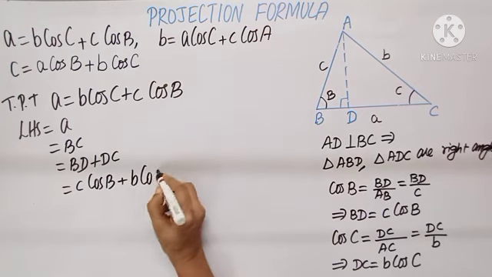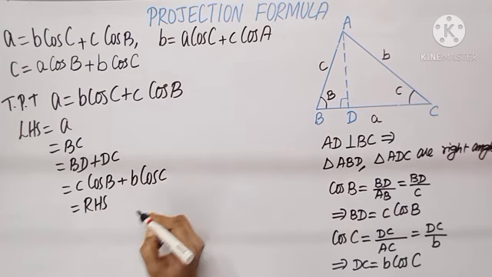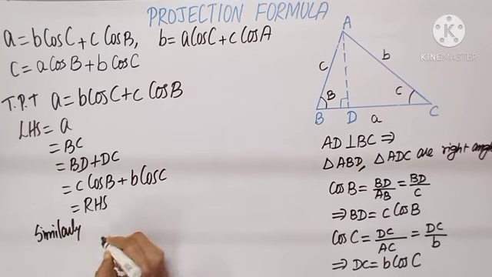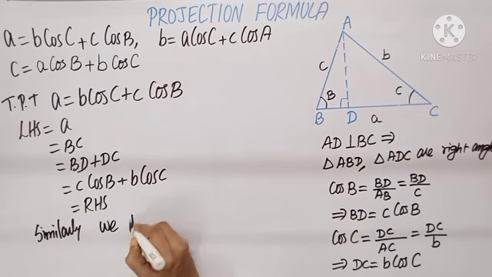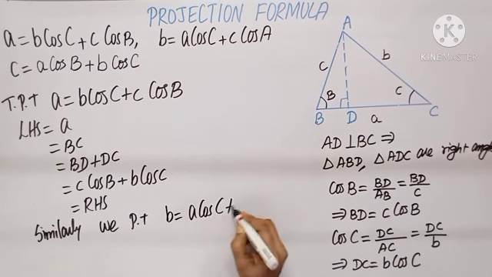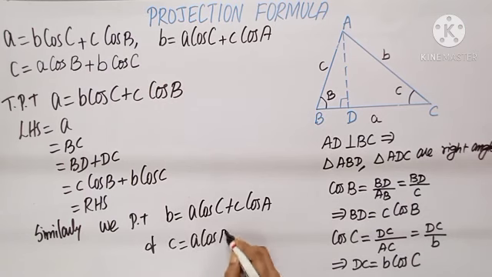It is b cos C, which is nothing but the RHS. Similarly, we can prove the other two results. So we prove that b equals a cos C plus c cos A and c equals a cos B plus b cos C, and hence the result.